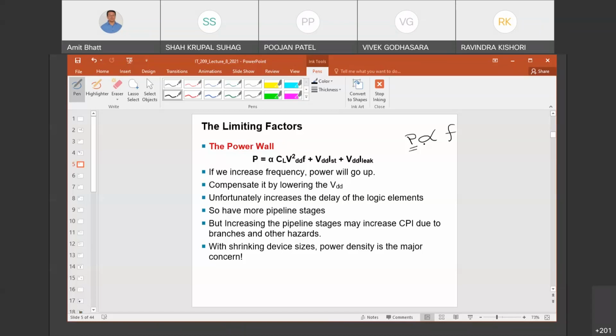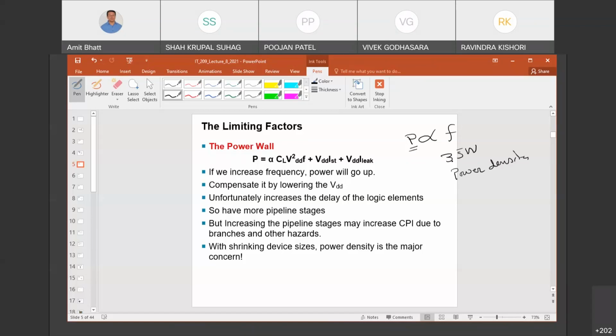But the question is the power which is dissipated. So let's say 35 watts of power. But power alone is not the real culprit. The real culprit is power density.